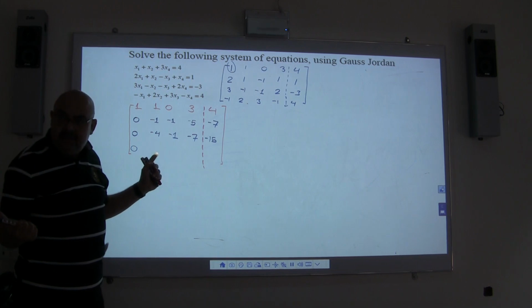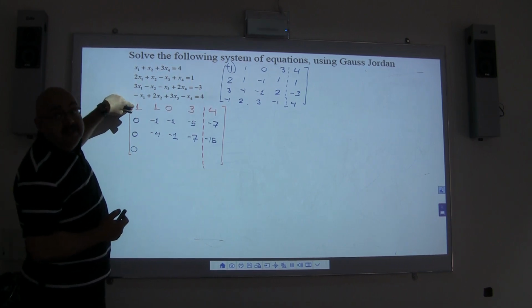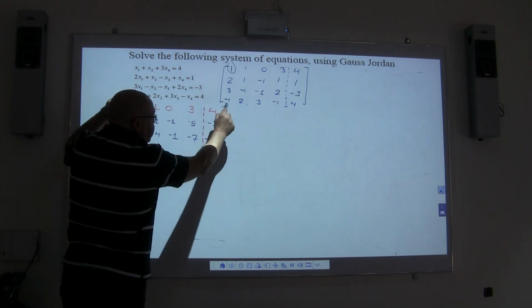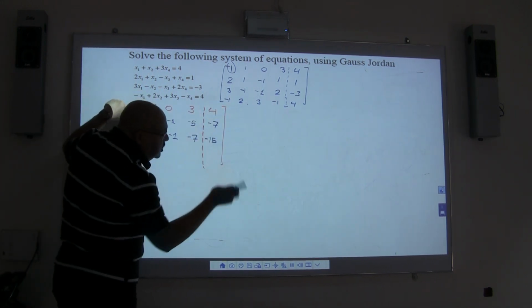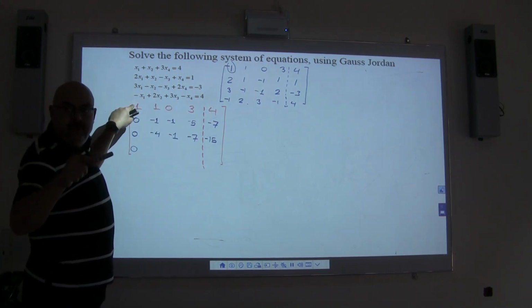How to do it? I will stand by this +1, and then I will multiply it by this number, but with opposite sign. So for -1, the opposite sign is going to be +1.